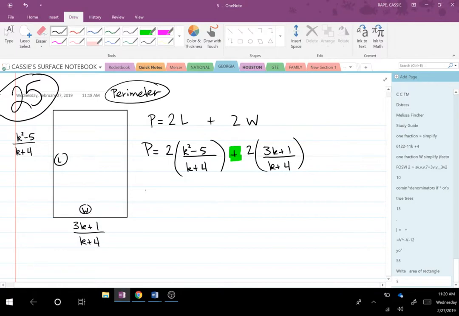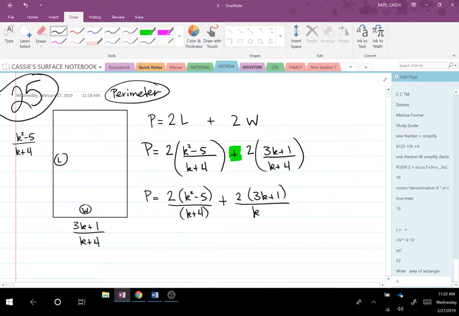So I'm going to rewrite this as, remember that when you're doing 2 of them, that 2 is really in the numerator. So 2 times k squared minus 5 over k plus 4 plus 2 times 3k plus 1 over k plus 4.